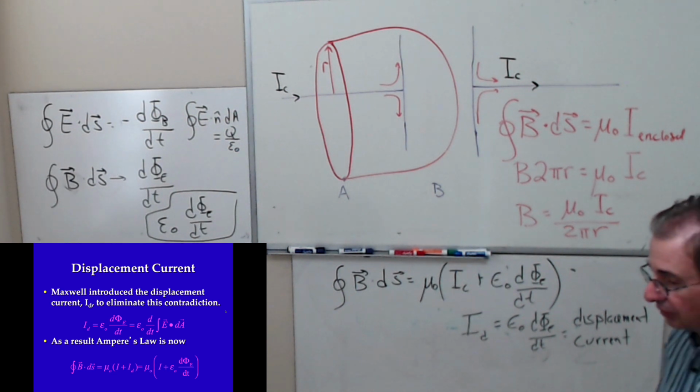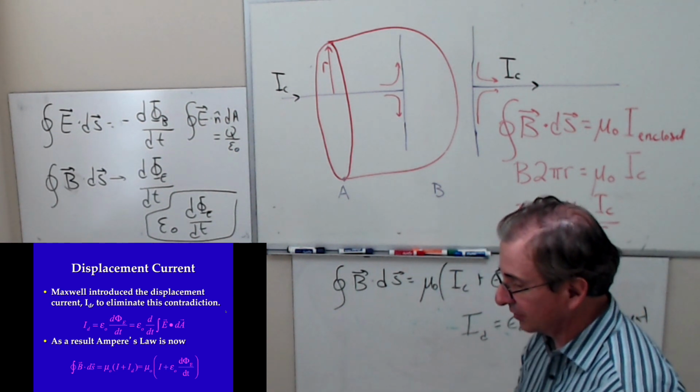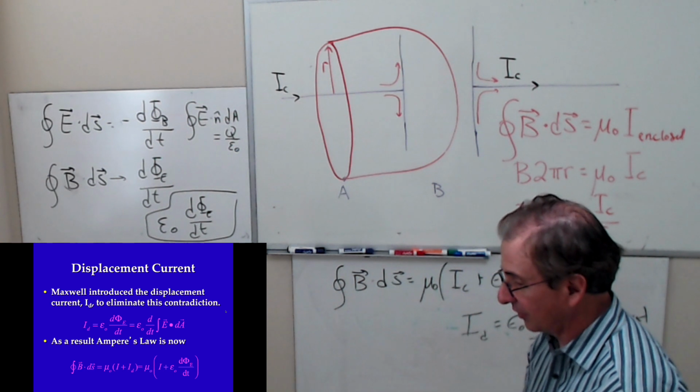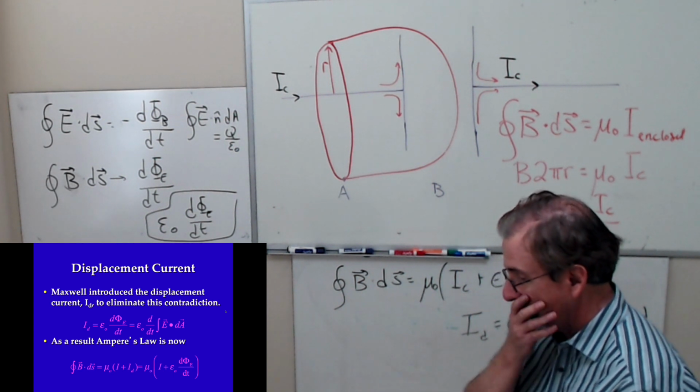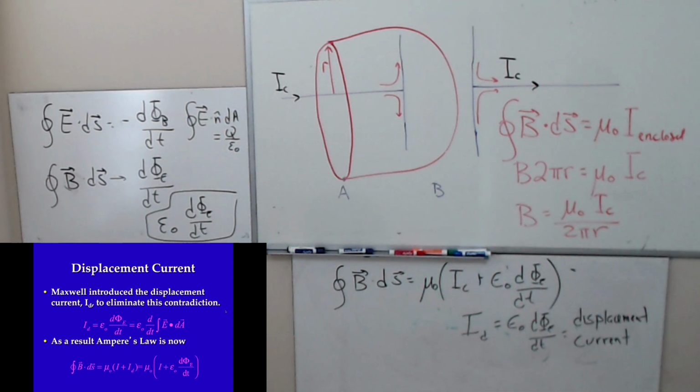It's the integral of B dot dS is mu naught times the conduction current plus the displacement current. But I still need to show you how this works.